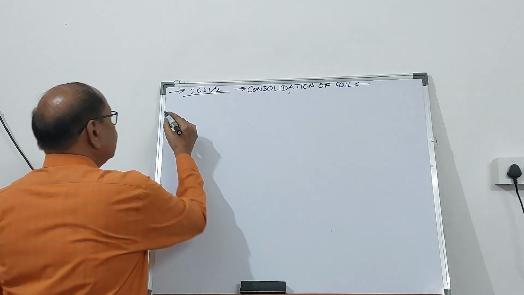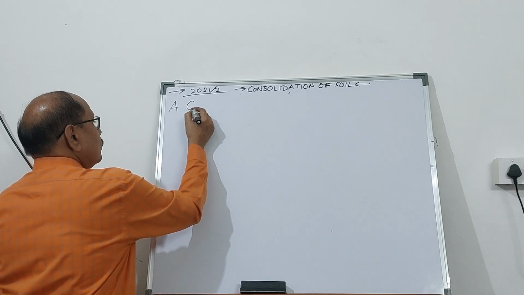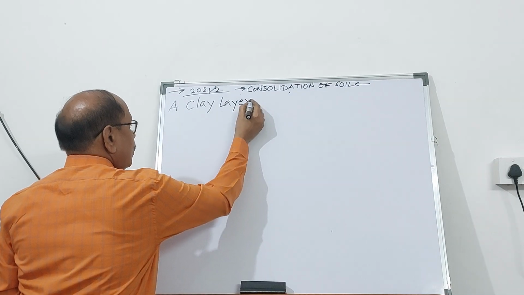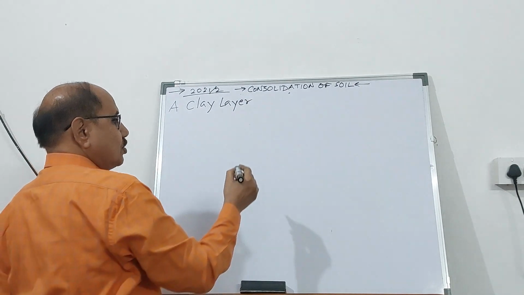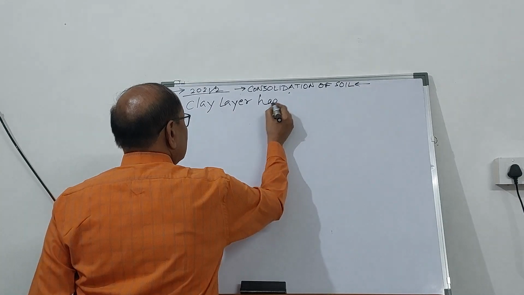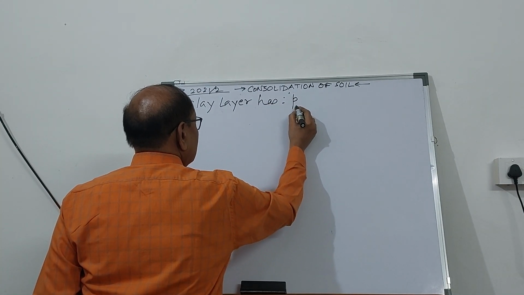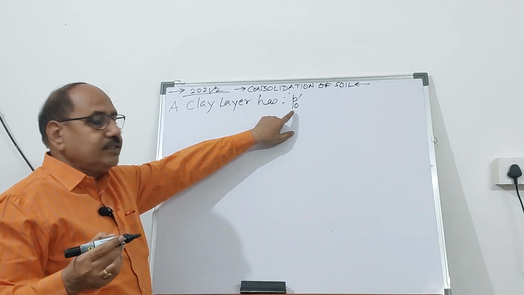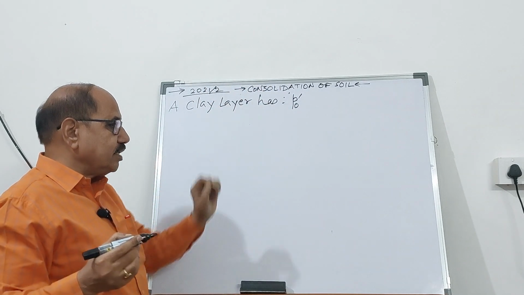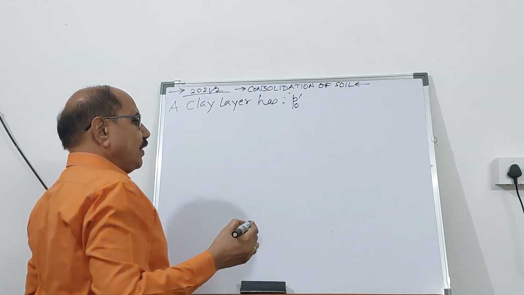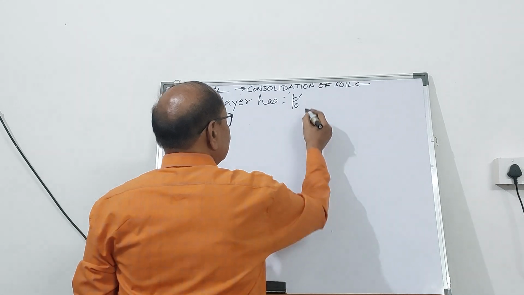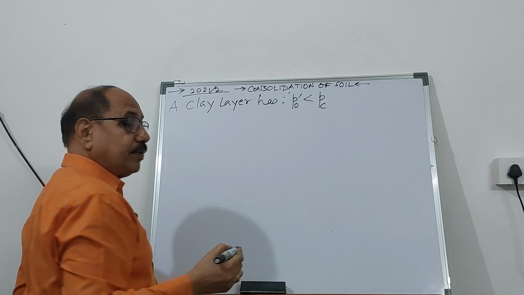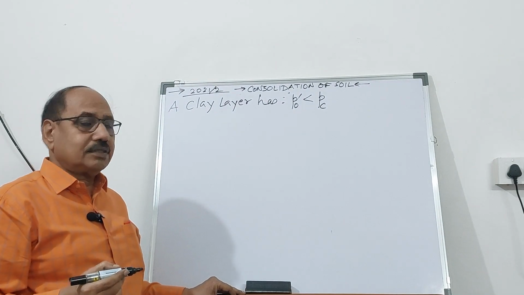The problem looks like this. A clay layer has effective overburden pressure, P for pressure, O for overburden, prime means effective, less than Pc. Pc is pre-consolidation pressure.